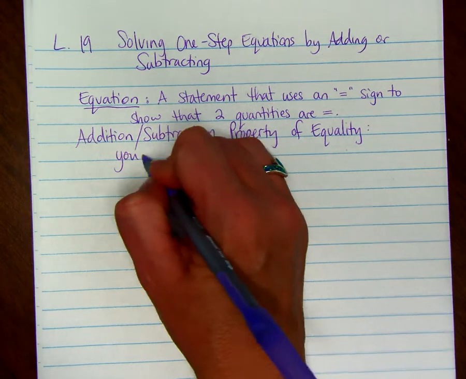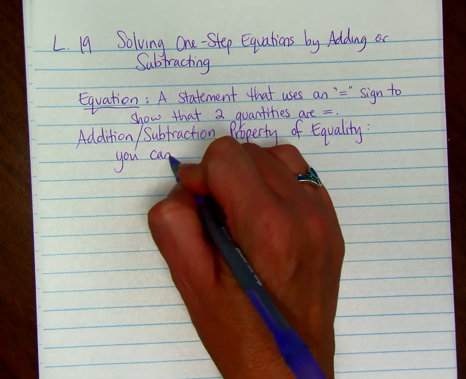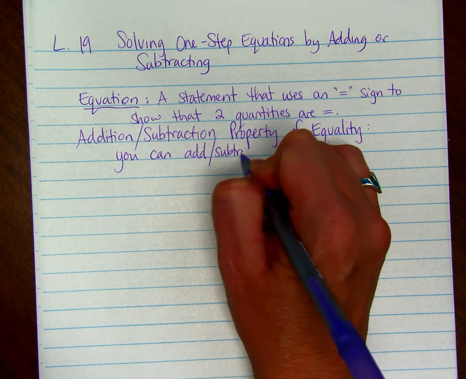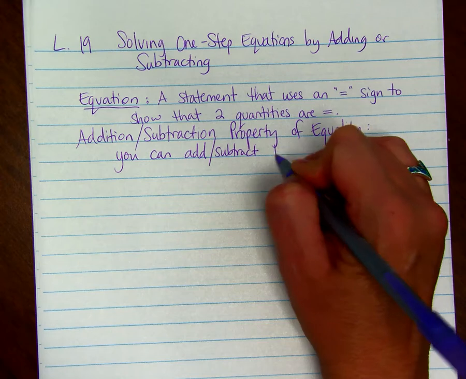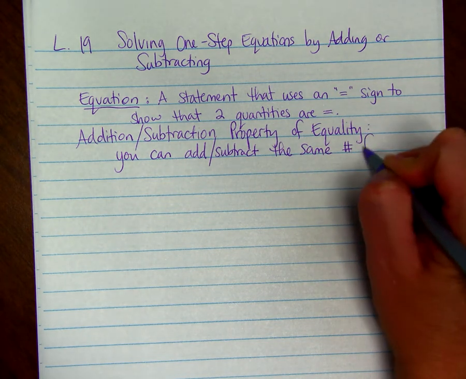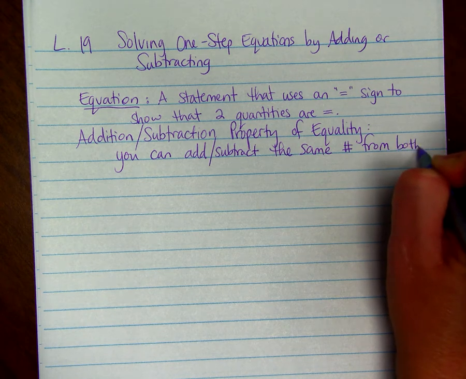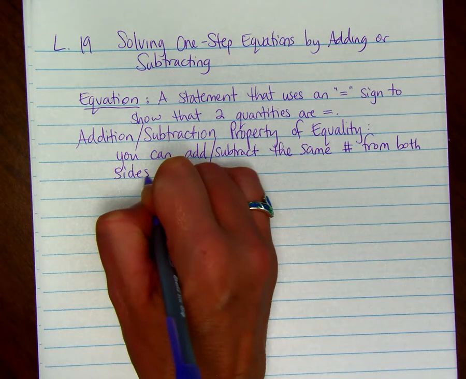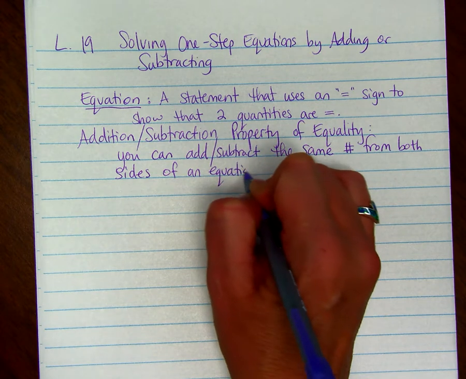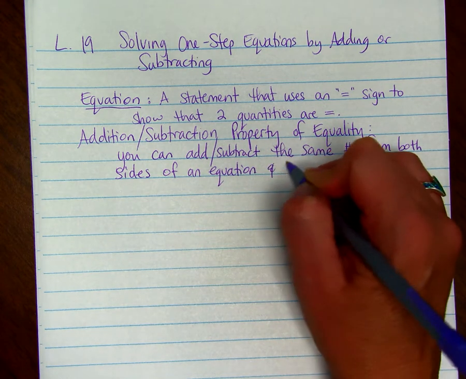You can add or subtract, depending on which property you're talking about, the same number or the same amount from both sides of an equation. And the statement will still be true.